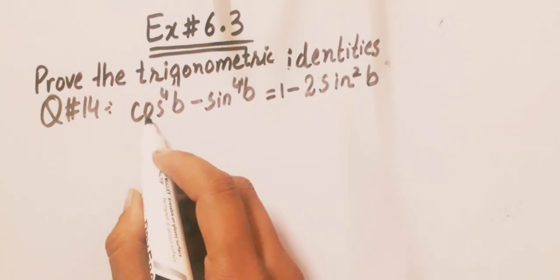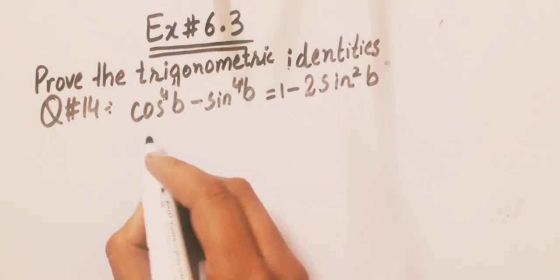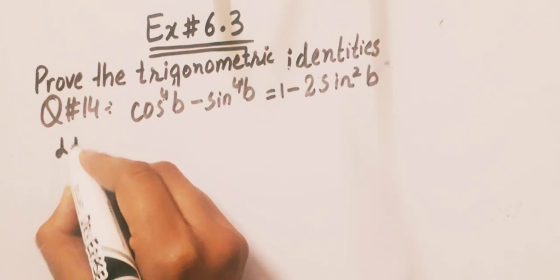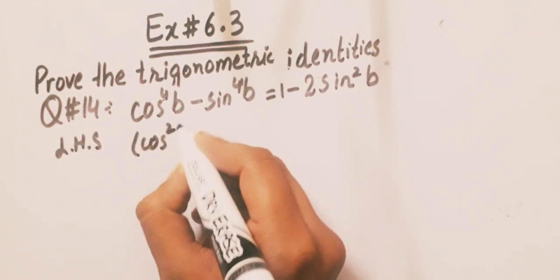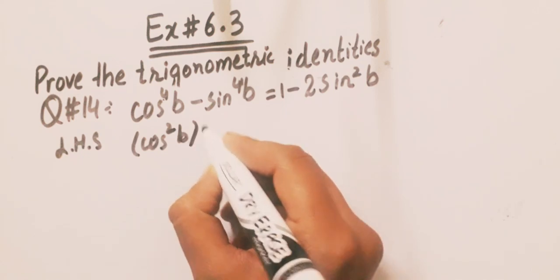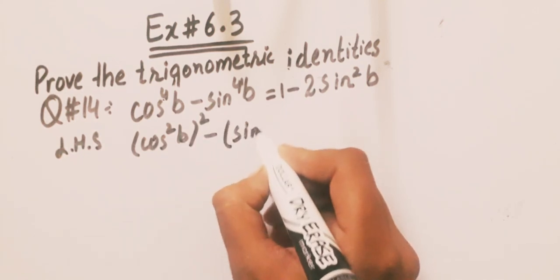Now we know that cos power 4 b minus sin power 4 b can be written as cos square b whole square minus sin square b whole square.